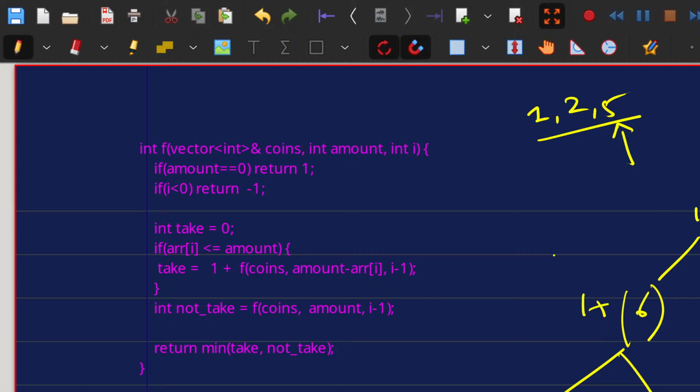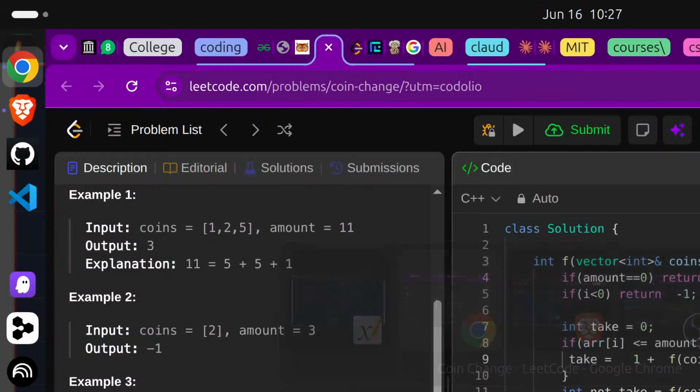So it will return 1 when amount is 0. So 1 plus 1 is 2, 2 plus 3, 3 plus 1 is 4. So 4 points, which is a wrong answer, right? So what should be the answer? Okay. So what should we do? At amount 0, we have to return 0 from here.